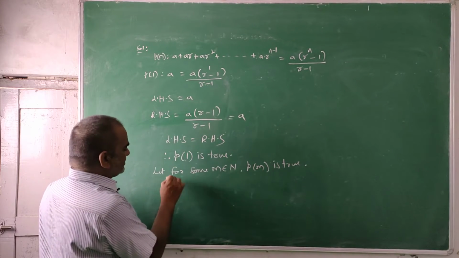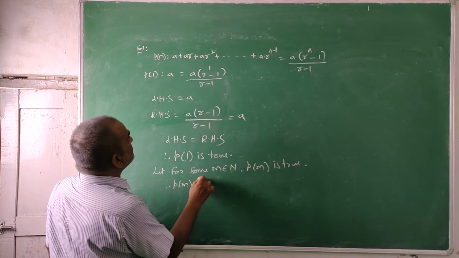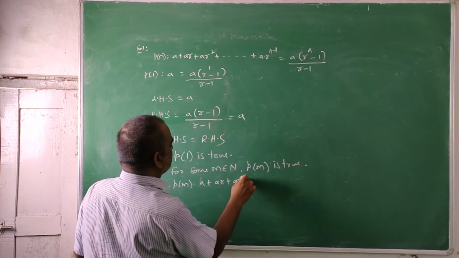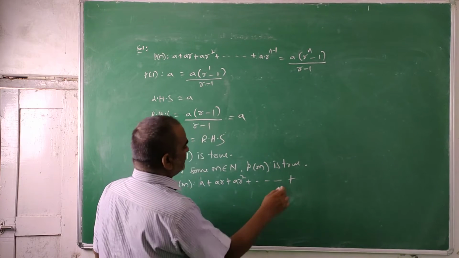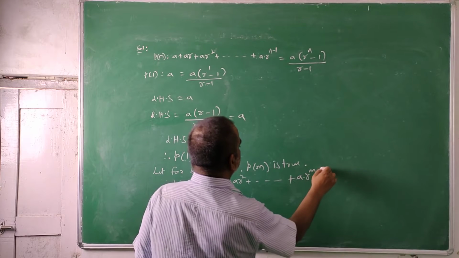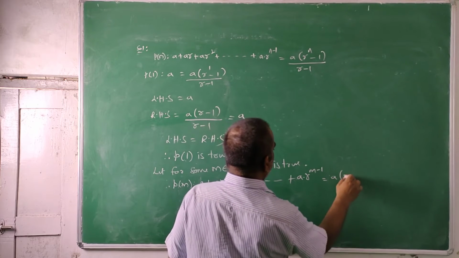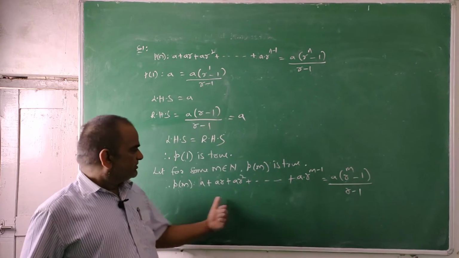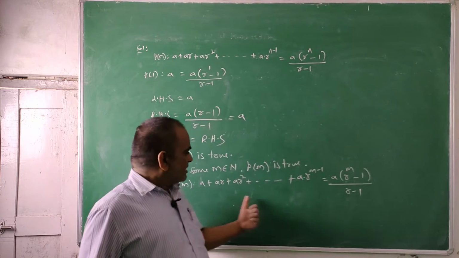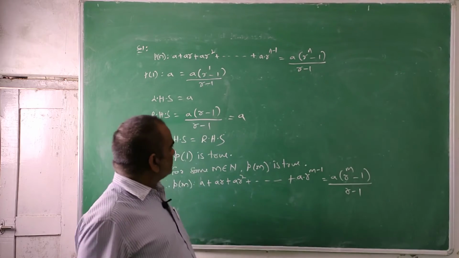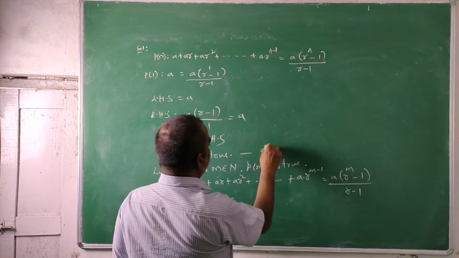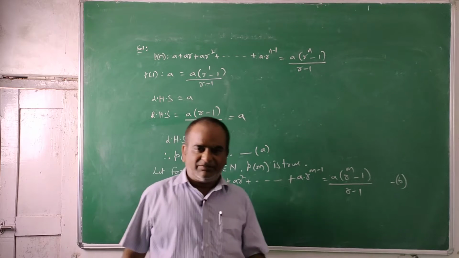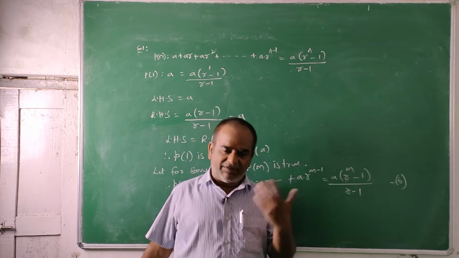Therefore, the statement you are taking as granted is a + ar + ar^2 + so on + ar^(m-1) = a(r^m - 1)/(r - 1). So we have considered it is true. This is A, say this is B. Here these are the steps. We have completed step A, now we are in step B, like that.